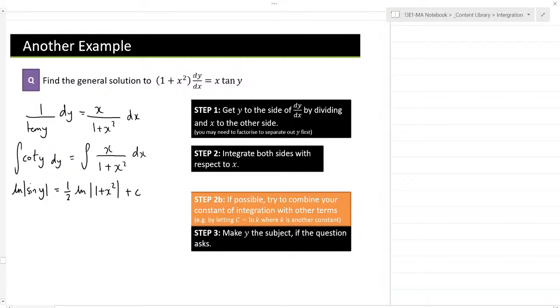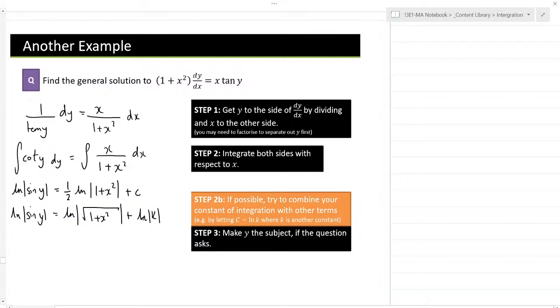So we'd write ln of sine y is equal to ln of the square root of 1 plus x squared, modded, plus ln k. That is still just a constant.